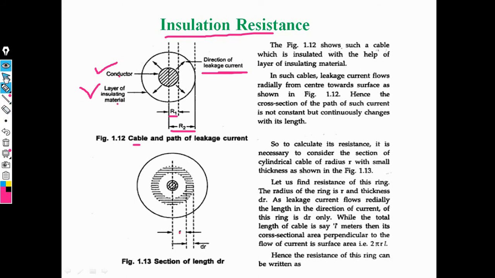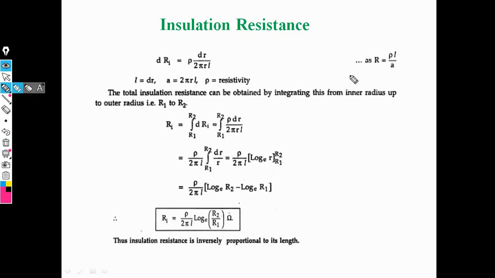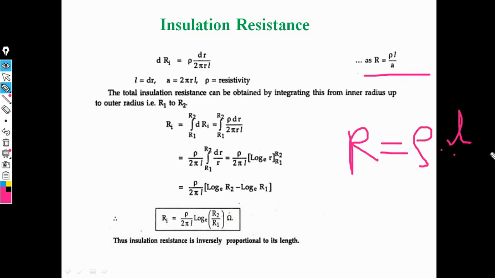What is the meaning of r and dr? We need the formula R is equal to rho into L by A, where R means resistance, rho means resistivity, L means length of conductor, and A means cross-sectional area of the conductor.